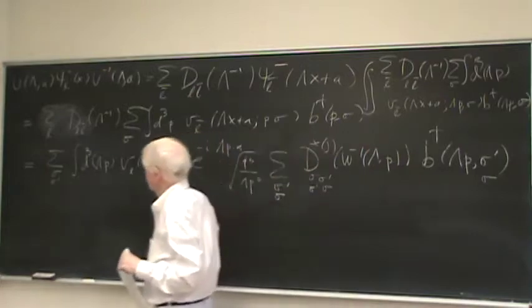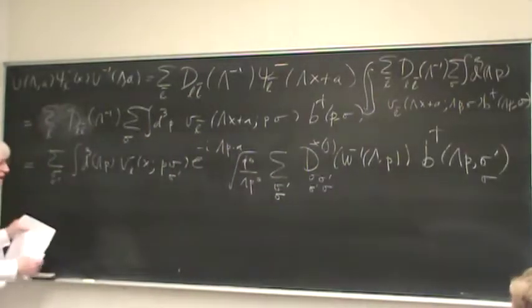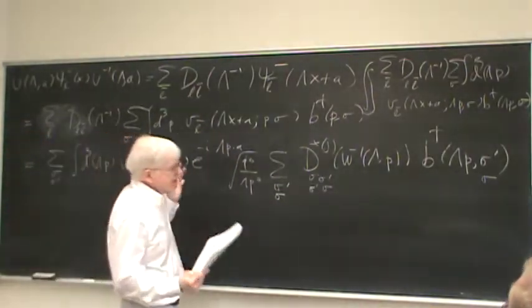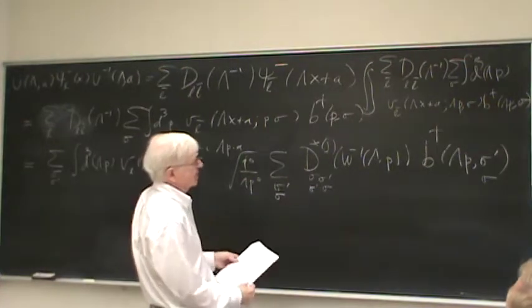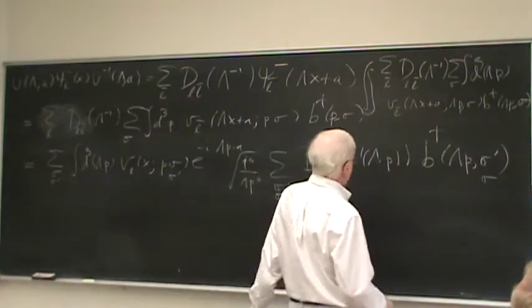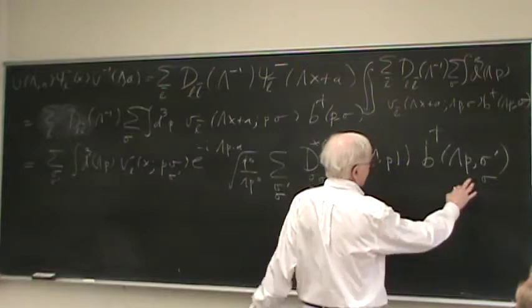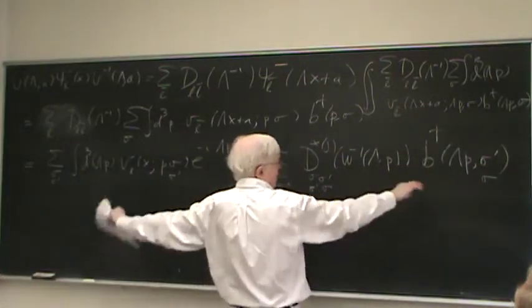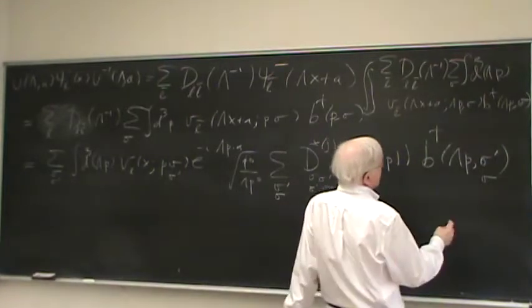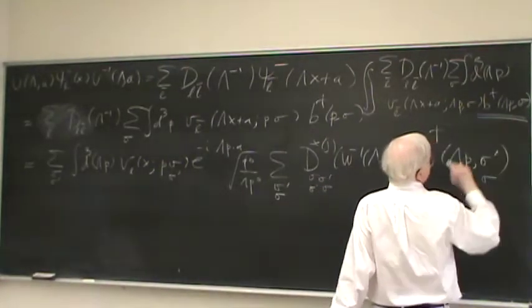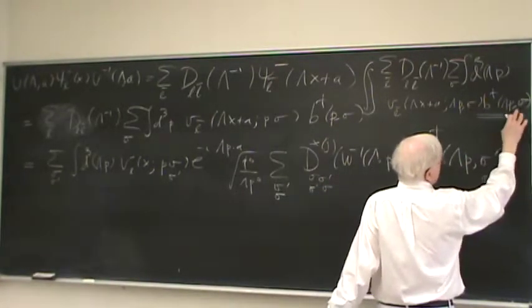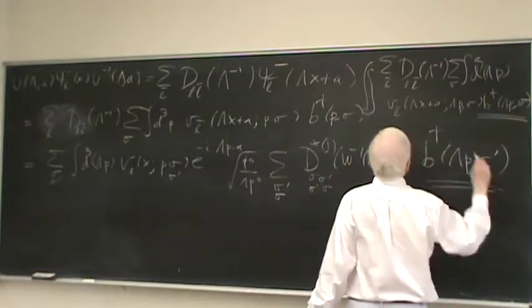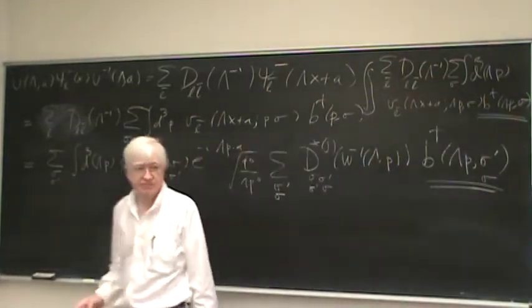Okay, so what we do now for the b dagger, for the antiparticles, is we require, after I've interchanged sigma and sigma prime in this last equation, we equate the coefficients of b dagger, lambda p, and sigma in these two equations.